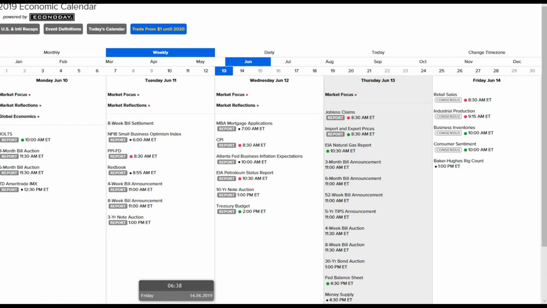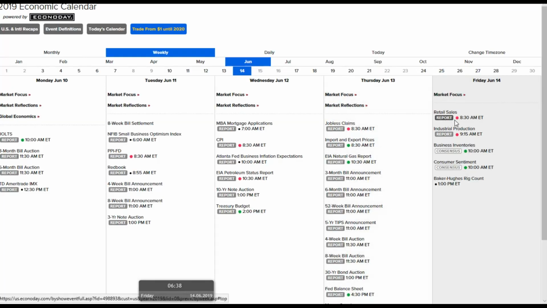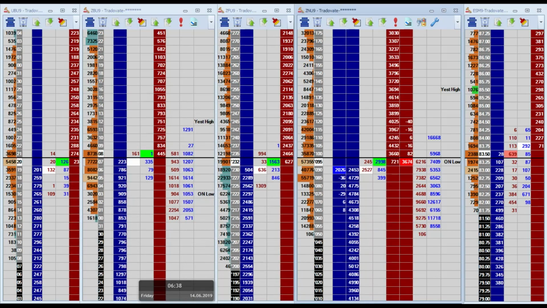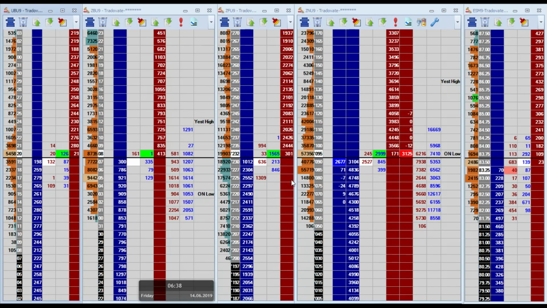Today is actually Friday, so we had retail sales come out, we had industrial production, we have consumer sentiment in about 22 minutes, so keep a heads up for that. As far as areas of interest, the overnight low was something that was interesting in the 10-year until we just blew right through it.